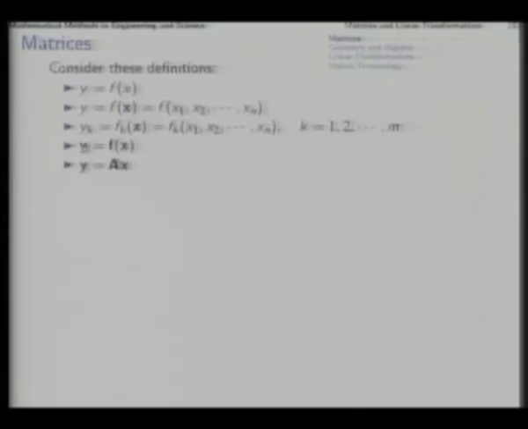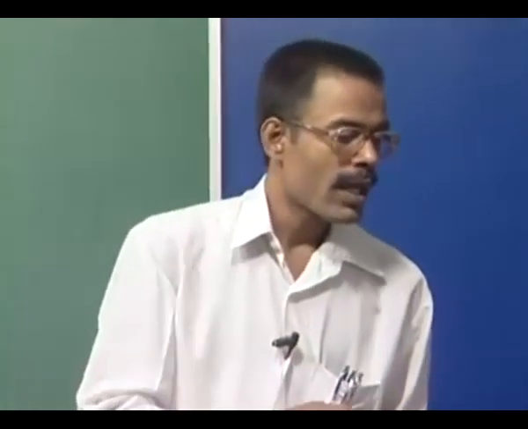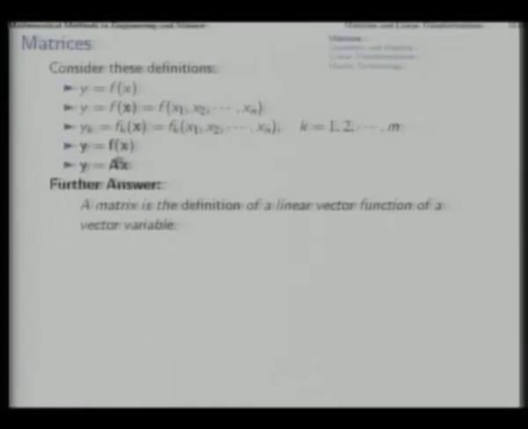Now, in the statement y equal to f of x, the function could be anything. As we say y equal to a x, we are talking about a particular kind of function, and that kind of function is a linear vector function.